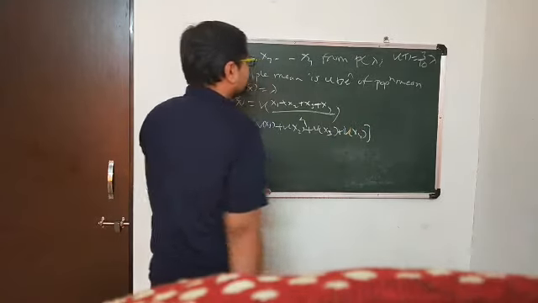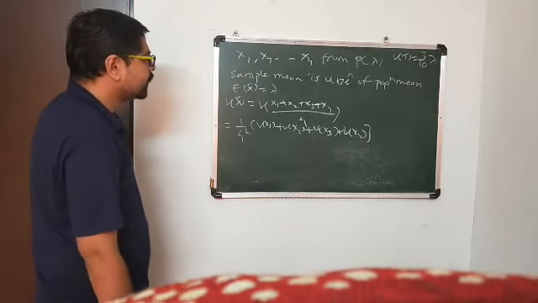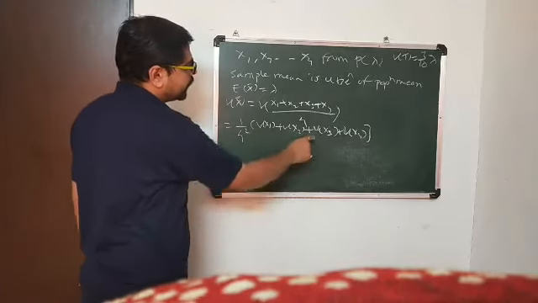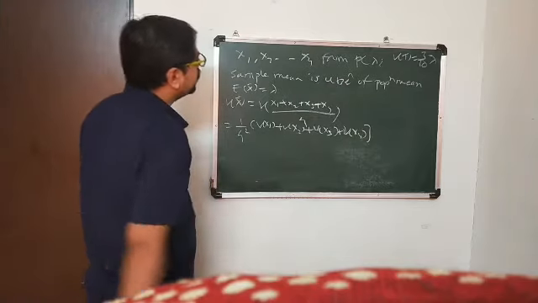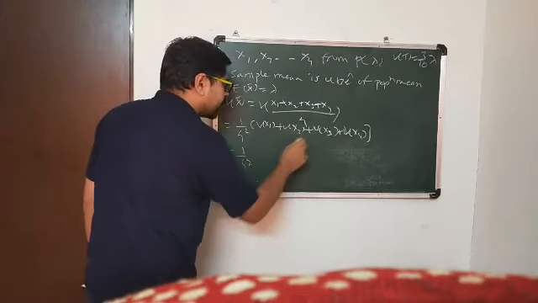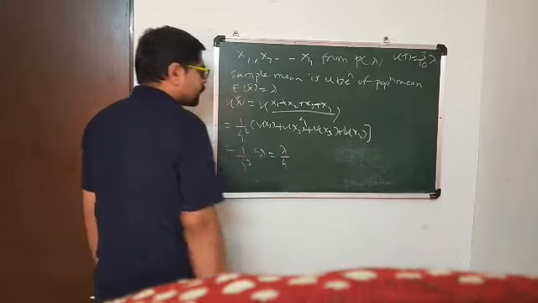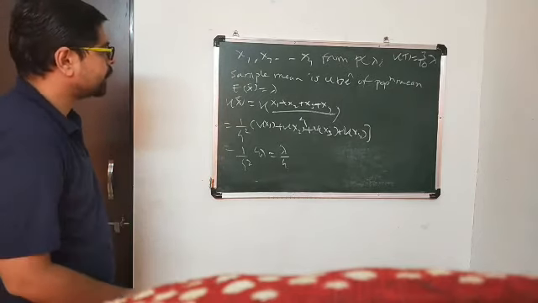Now we can see that X1, X2, X3, X4 are a random sample from Poisson lambda. So these variances add, and the covariance terms vanish because they are a random sample and independent. So 1 upon 4 square into 4 lambda is equal to lambda by 4. So variance of X bar is lambda by 4.